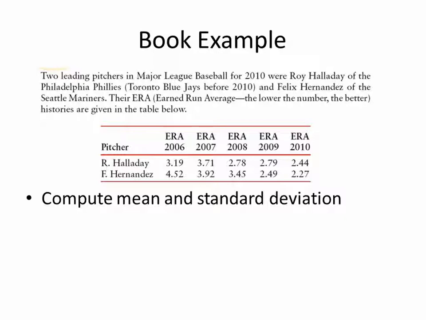We're going to put the mean and the standard deviation here for each of these. Although I expect you to use the formula, I'm going to cheat and use my built-in calculator function just to save some time. So we're going to add 3.19 to 3.71, 2.78, 2.79, and 2.44.